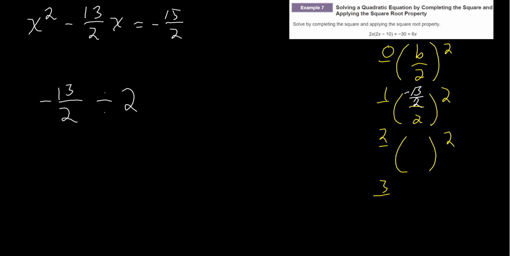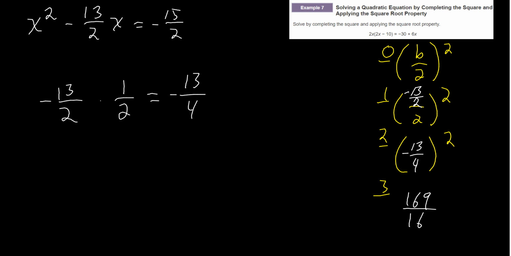We know that that's the same thing as saying times 1/2, right? Times 1/2, and that's how we get negative 13 over 4. So we have negative 13 over 4, and negative 13 over 4 squared. Well, 13 squared is 169, and then 4 squared is 16.